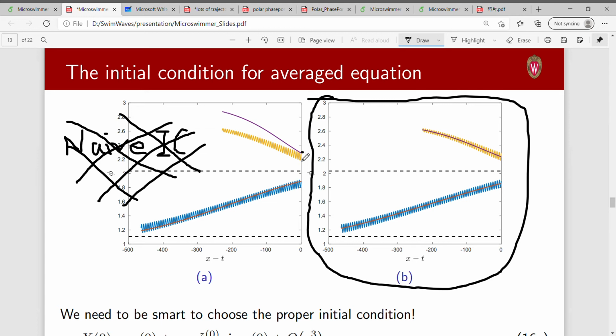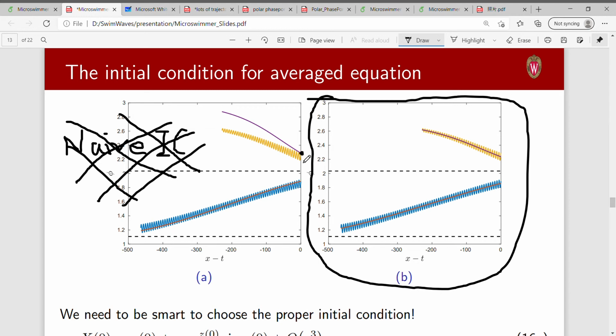Which means that this blue curve, this microswimmer here, starts at this position, okay? And for the average system, we also start with this depth, with this orientation. This is V, okay? And which is not the case.